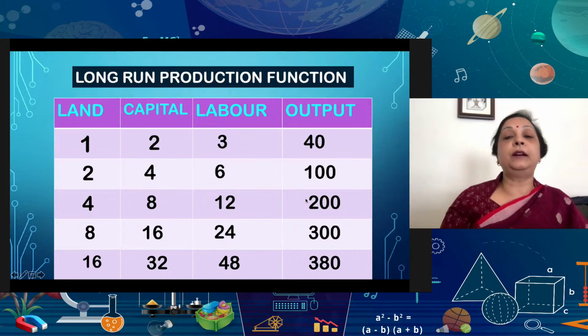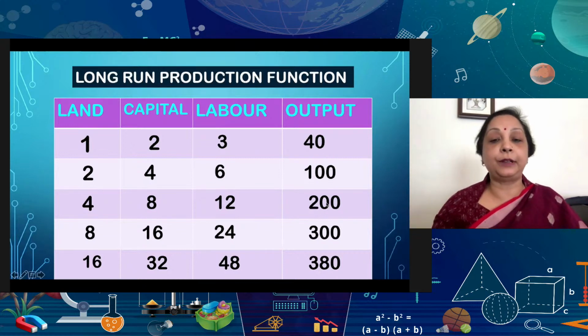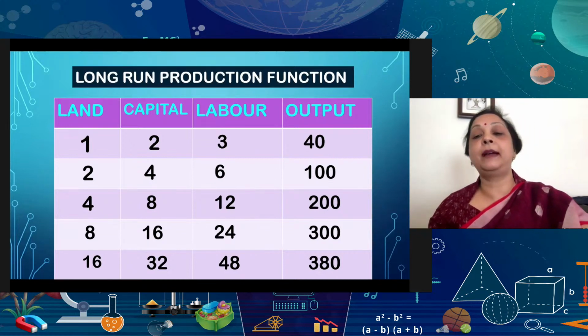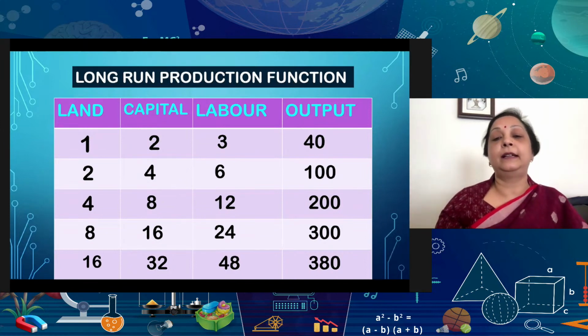So what do you observe here? For a given combination of inputs, the output is fixed, maximum output is fixed. Again, I would like to emphasize that when I say maximum output, it does not mean that this is the output which will be produced by the firm. Suppose by using this combination, the firm can produce 200 units, but the demand in the market is not of 200 units.